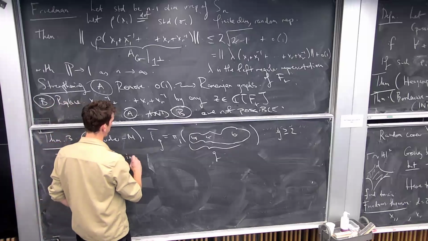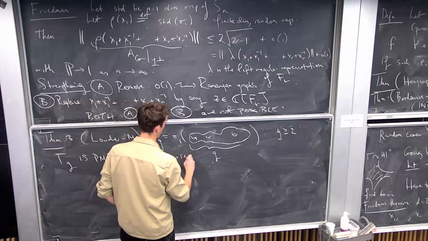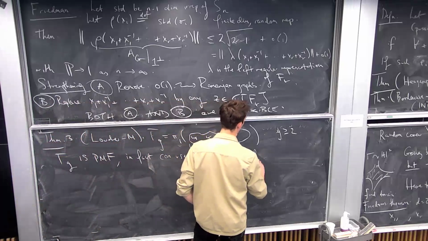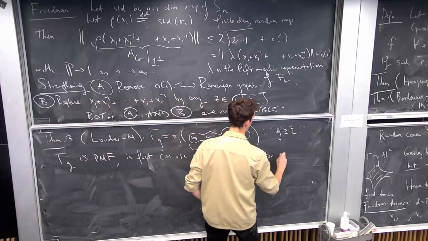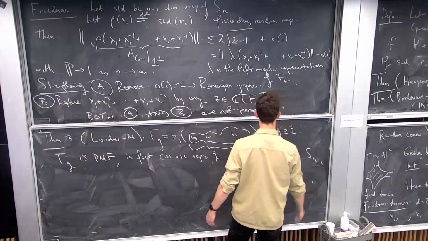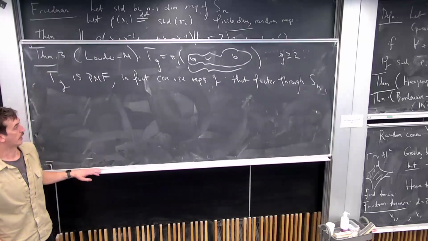And in fact, you can use representations that factor through permutation groups. This is the input that we didn't have at the start.